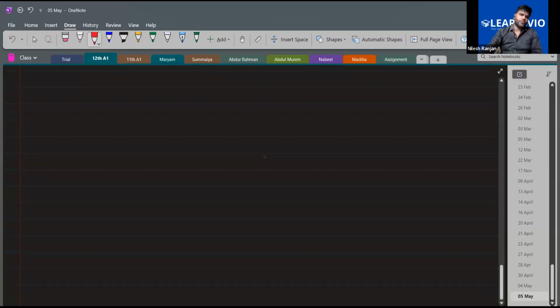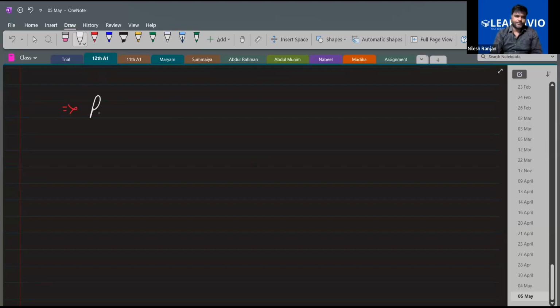Okay. So change in profit sharing ratio. First of all, to understand all these things, there is a word called reconstitution.